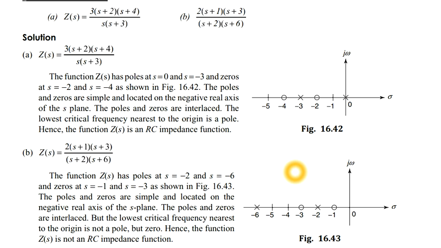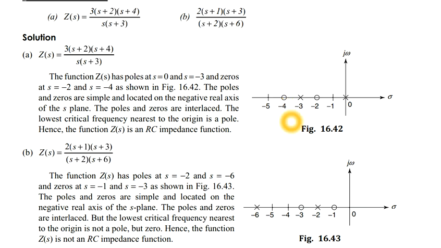From the pole-zero plot you can identify which type the function is. When you plot the pole-zero diagram here, we have a pole at -3 and zeros at -2 and -4. They are interlacing, because first we have a zero, then a pole, then again a zero.